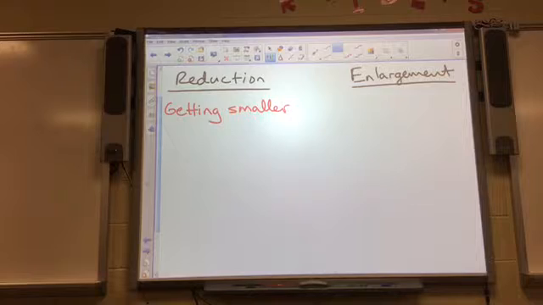In getting smaller, and this question kind of confused the last class: what type of fraction makes something smaller? Yeah, what type of fraction? Okay, a negative, I agree with you, but can you have negative length? No, so that's not going to work.